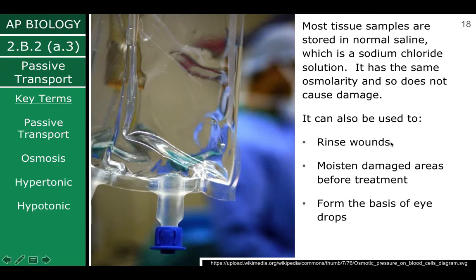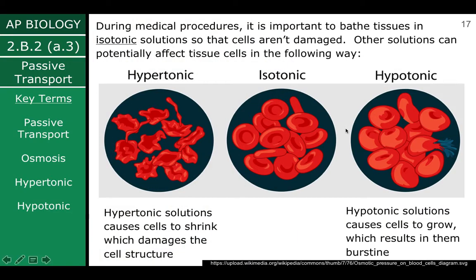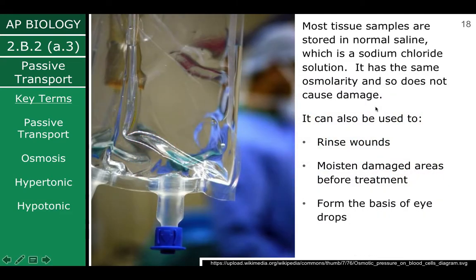So that's why a lot of times in order to rinse out wounds or damaged areas, or for eye drops, we use a saline solution, because we don't want it to have either too much salt or not enough salt to cause the cells to be in either a hypertonic or hypotonic environment. So we want it to be isotonic so that there's no permanent damage. That is why with medical procedures they're going to use a saline solution.